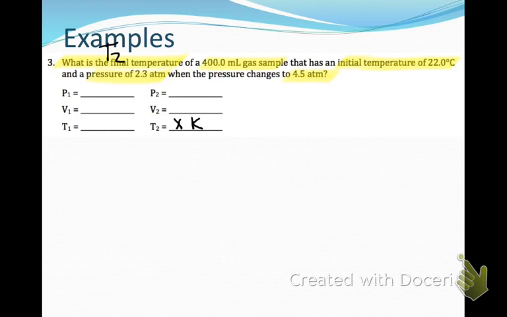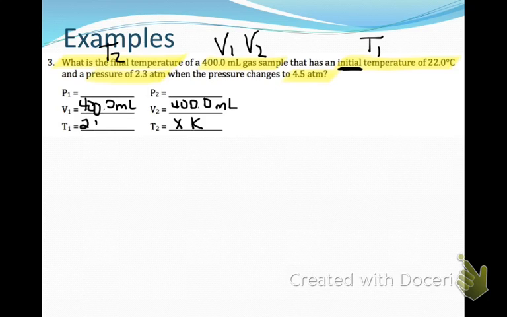It's a 400 milliliter gas sample, and this is volume, so we actually don't have another volume unit, so the volume is actually constant. It's the same thing on both sides. So we can actually rearrange this, and that makes it a little bit easier. The initial temperature, so that automatically tells me T1 is 22 degrees Celsius.